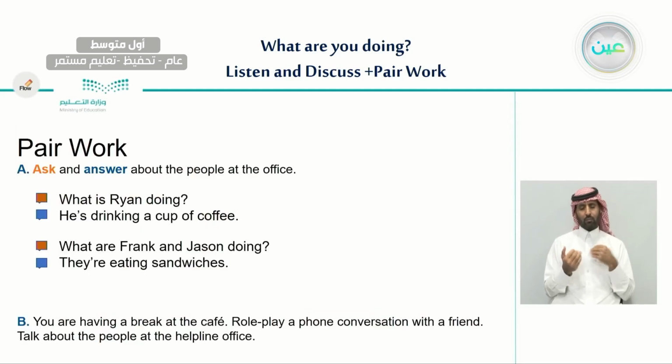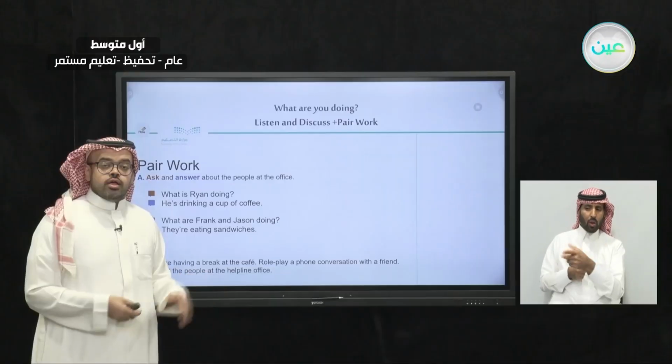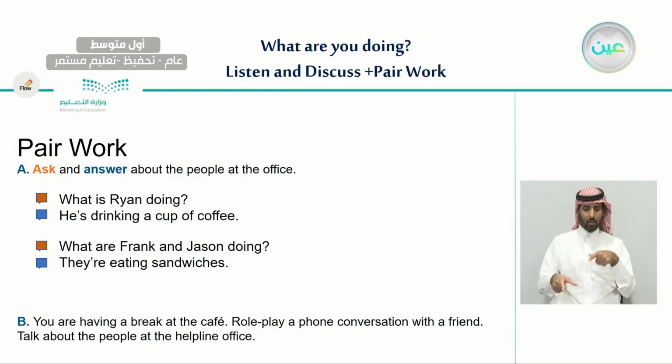Now, let's move on to the pair work we have. Imagine that you are working at the office, and people around you, maybe a family member or a classmate or a friend, and just ask them what they are doing. Let's see a couple of examples. Here we have 2 questions. The first one, what is Ryan doing? He is drinking a cup of coffee.